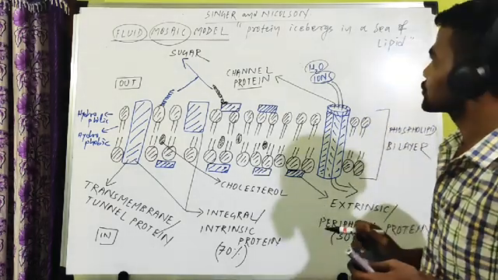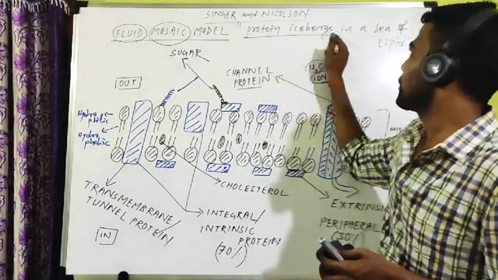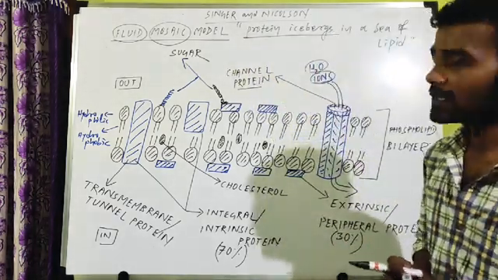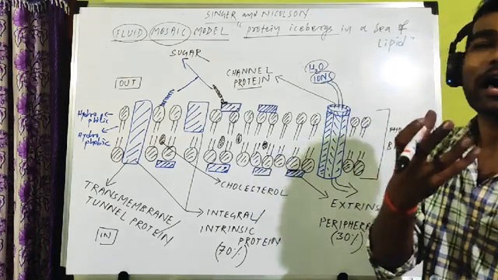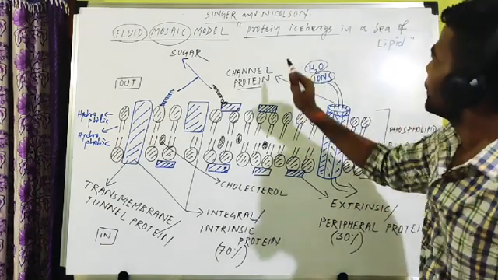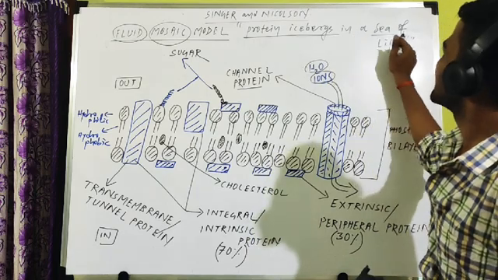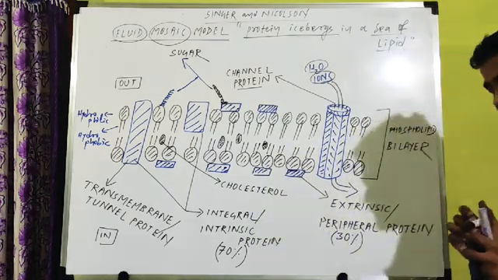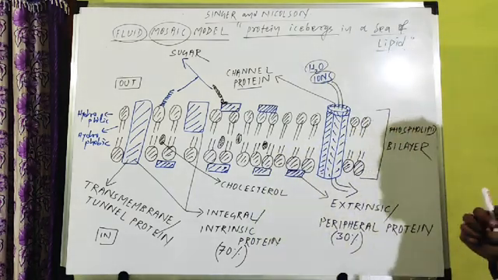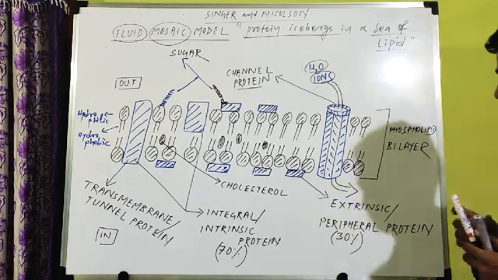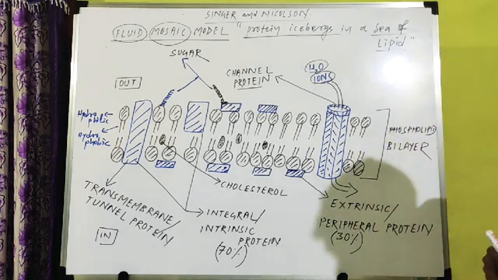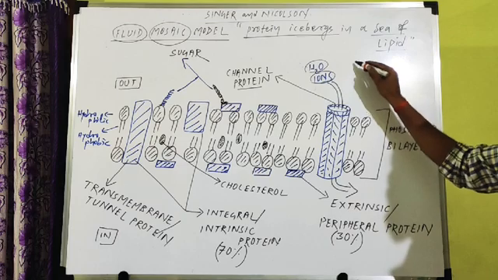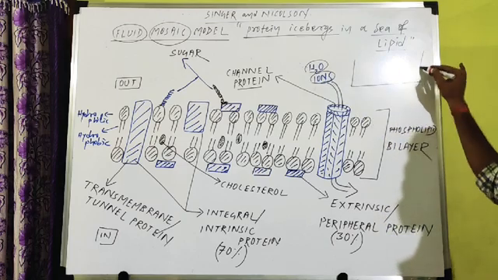Protein is just like ice; ice means a solid. Protein icebergs in a sea of lipids. Clear sentence. What did they explain? Let it be a sea. This is a sea.